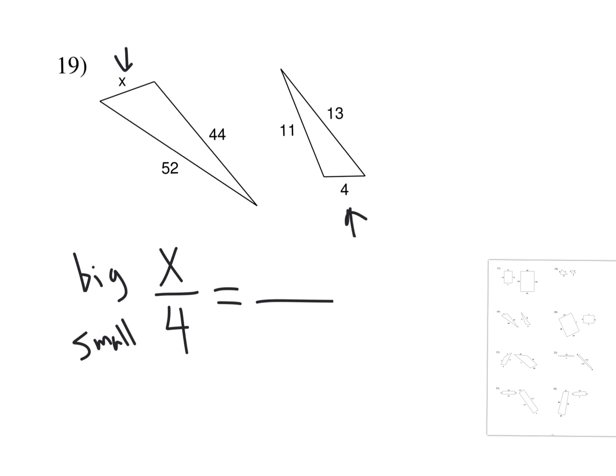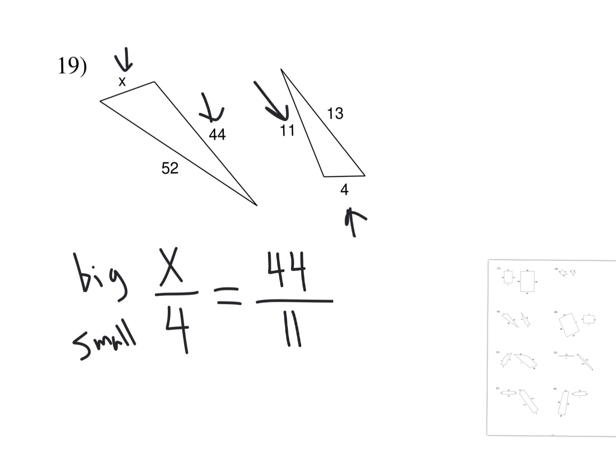And so x matches up with 4. Then you want to take one of the numbers from the big triangle to put in the other numerator. So you could do either one. Maybe I'll pick 44 because it's slightly smaller. And the 44, if you kind of look and think about it turning, would match up with the 11.